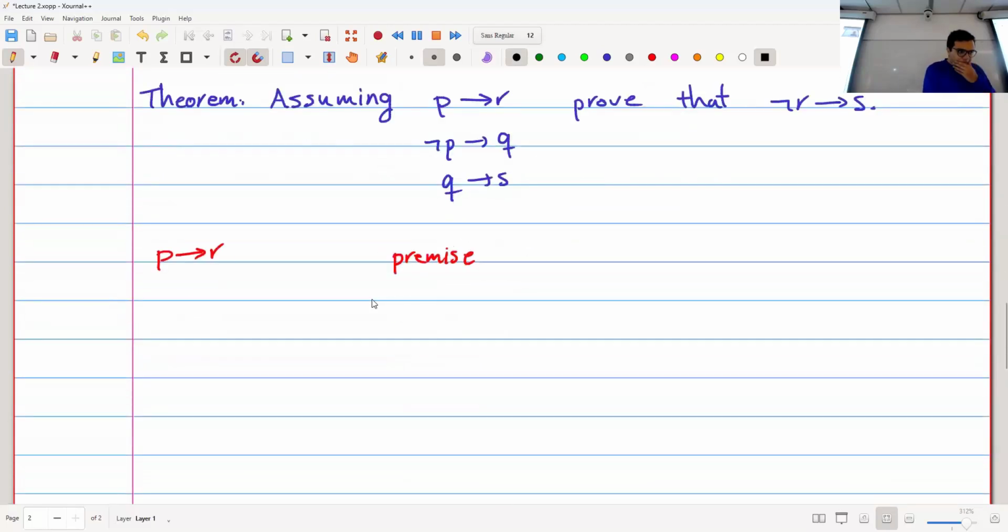Okay. So the first thing I do, and this is very often done, is that I want to get R to the left side. So I find an equivalent statement to P implies R. And here's the thing, P implies R is actually equivalent to not R implies not P. Do you see why this is the case?